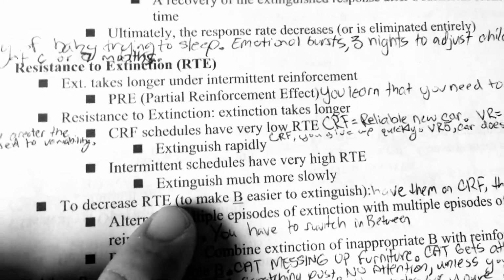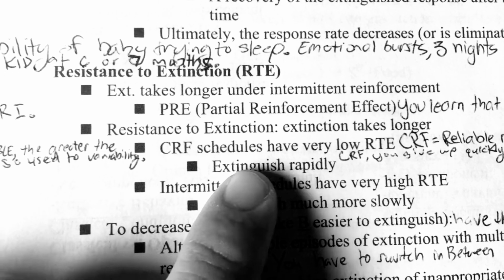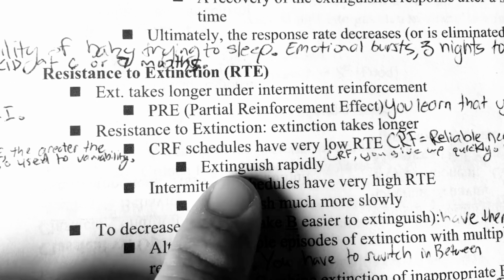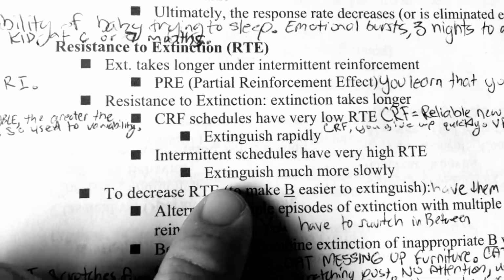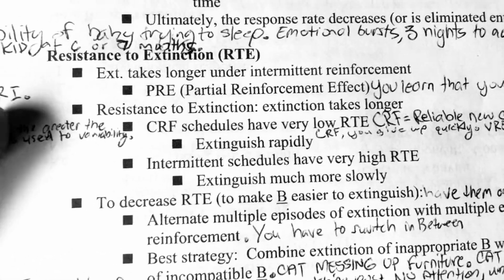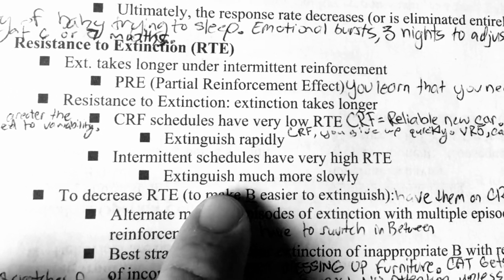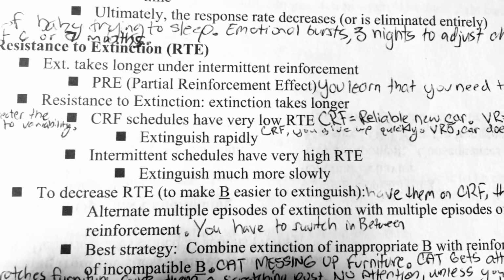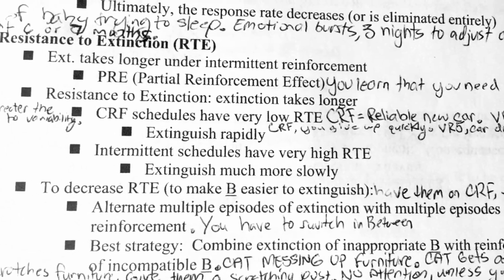Intermittent schedules have a very high RTE. So remember, CRF schedules, continuous reinforcement, have a low RTE, and intermittent have a very high one. So intermittent schedules will always be harder to extinguish. The subject's going to always be prepared for variabilities.